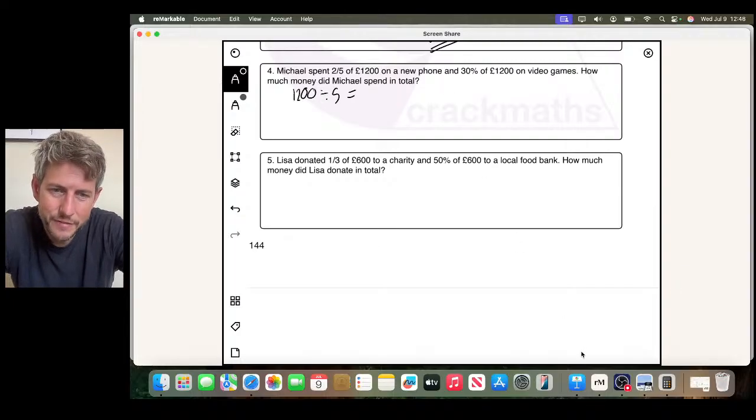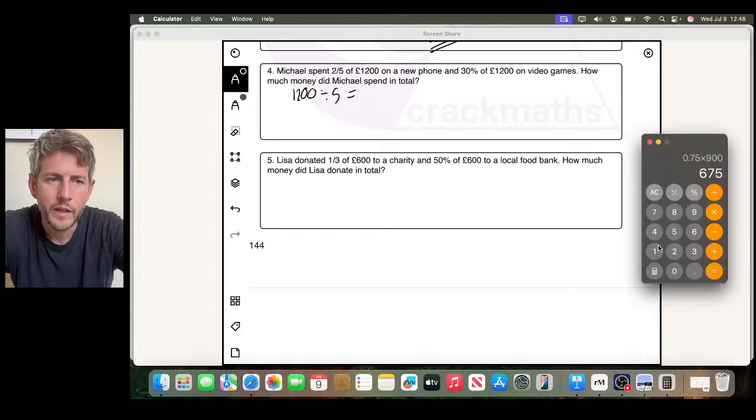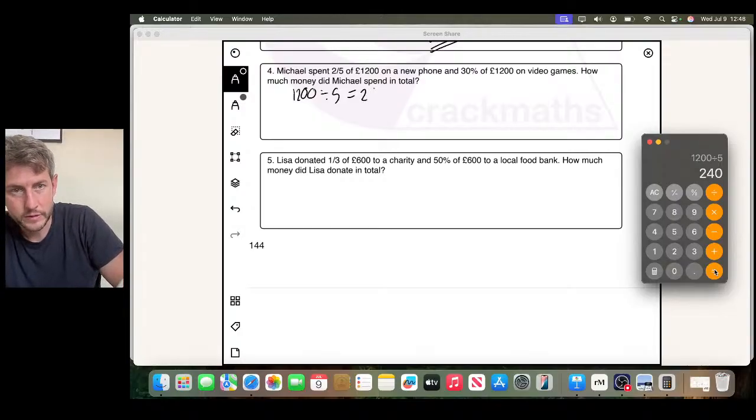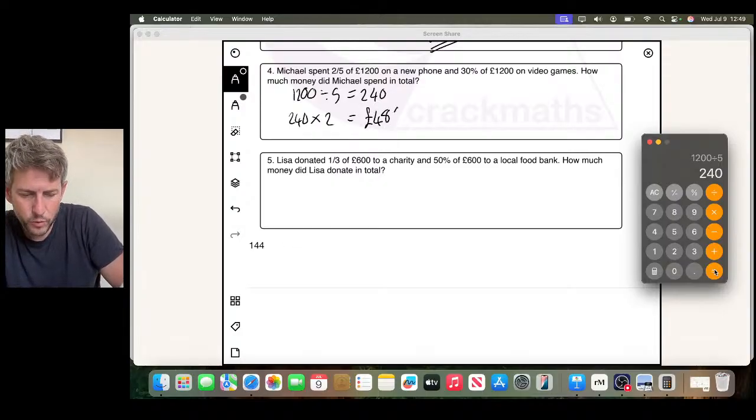I'm going to use a calculator for this. 1,200 divided by 5 is 240. And then if I do 240 times 2, that gives me the 2/5. So that's £480 he spent on a new phone.